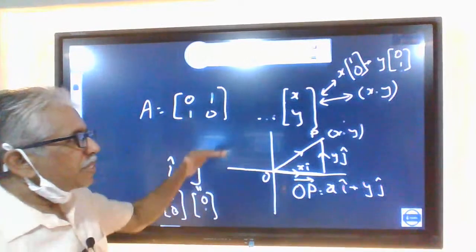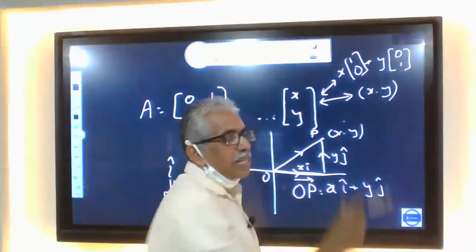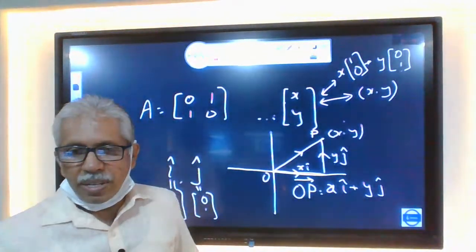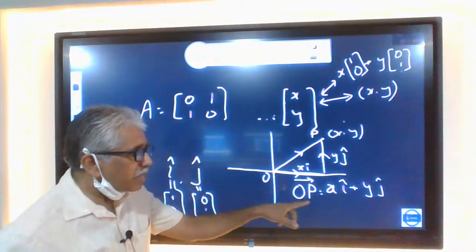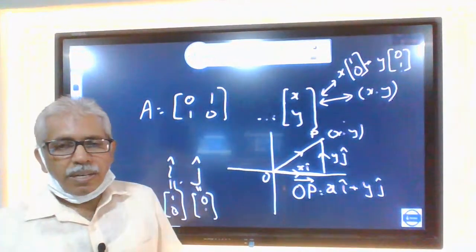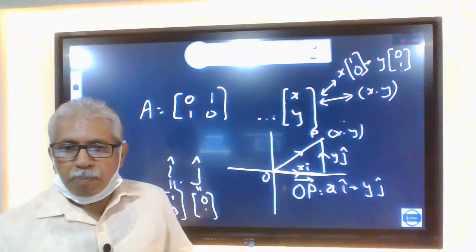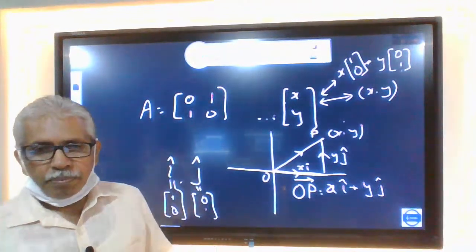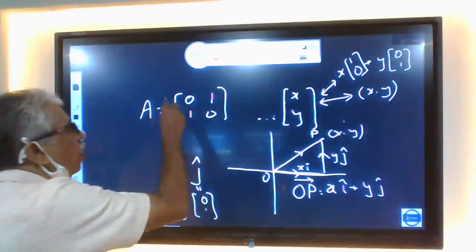The same specialties i and j have to represent points in terms of position vectors.